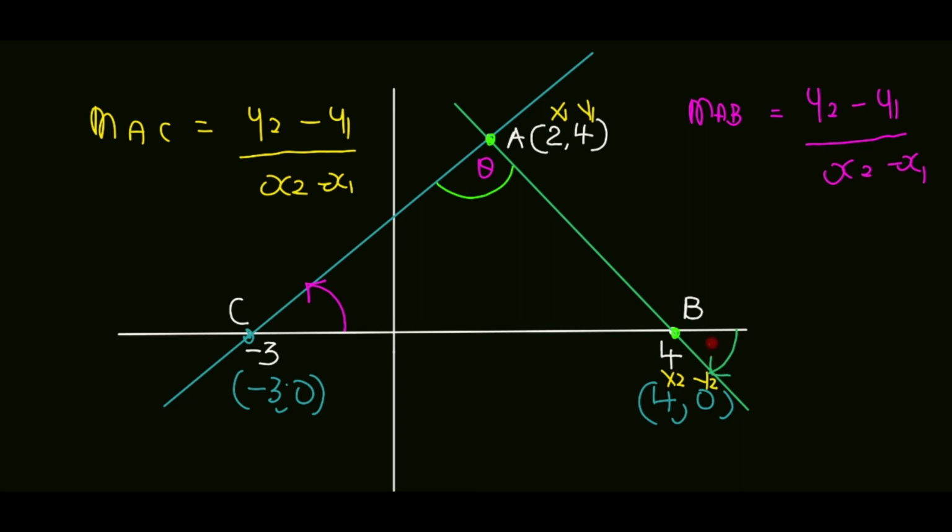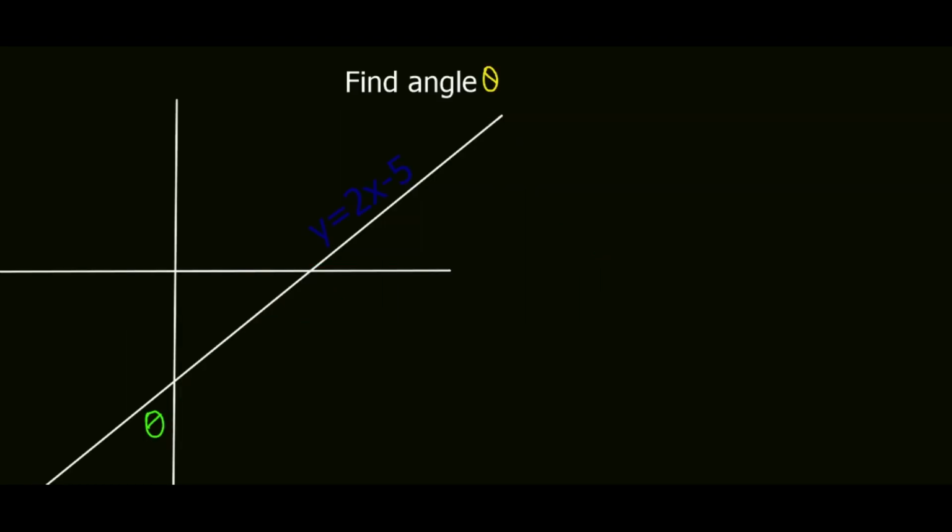After finding this angle we can create this angle very easily, because this one is the angle of inclination. We will add 180, and then we do the same thing just like the previous example. We create this angle theta. So try this one on your own. Then this one, find angle theta.